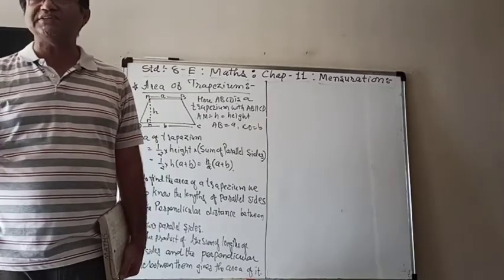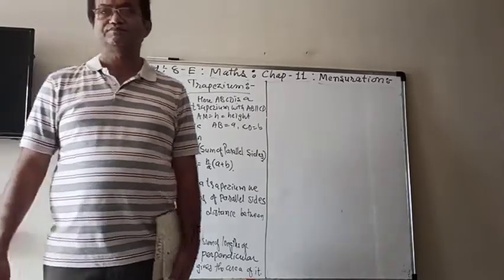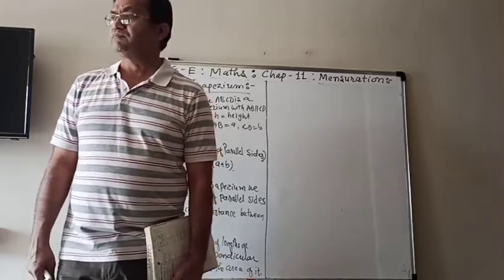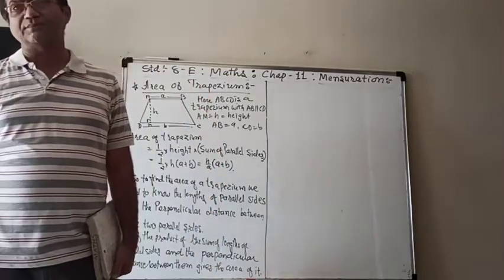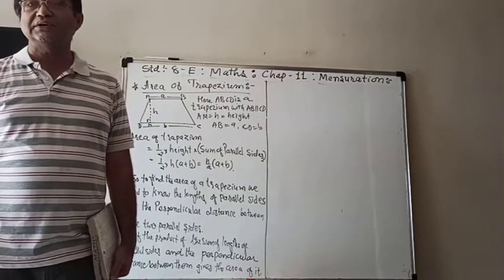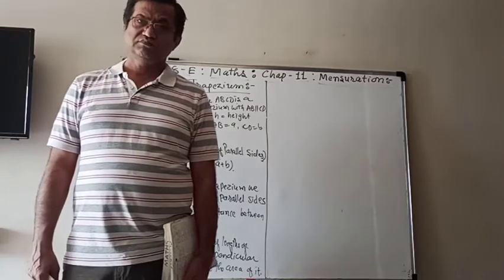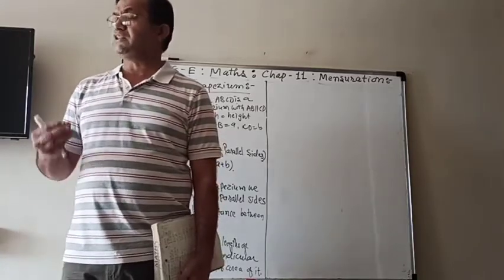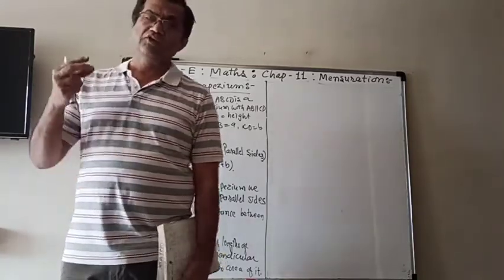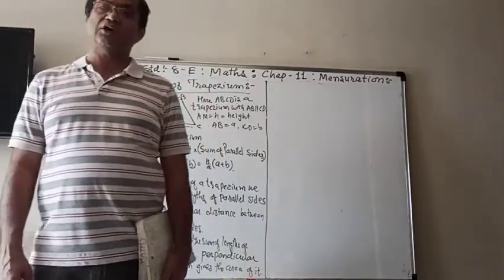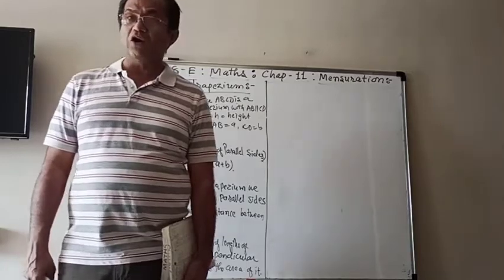But if we use the direct formula, then it will be easier to find out the area of the trapezium. So you should keep this formula in mind, so that within a few seconds or within a minute or two, you will be able to find out the area of the trapezium.